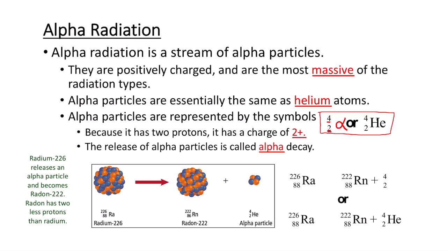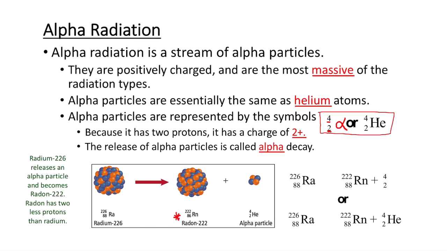So in the example in your notes, there is a typo. It should say radium-226 releases an alpha particle, becoming radon-222. Radon has 2 less protons than radium, so it should say 86, not 88. So radium-226 is correct.